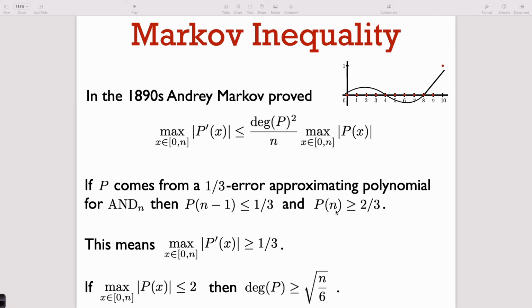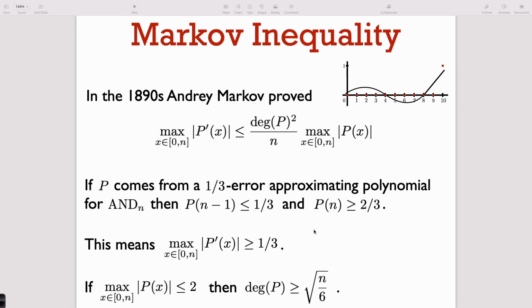And then we know that p of n has to be at least 2/3 because the AND function on the all 1 input evaluates to 1. So that tells us that the derivative of our approximating polynomial has to be at least 1/3. So we basically have a lower bound on the left-hand side here, and we're going to use that to show that the degree must be large.